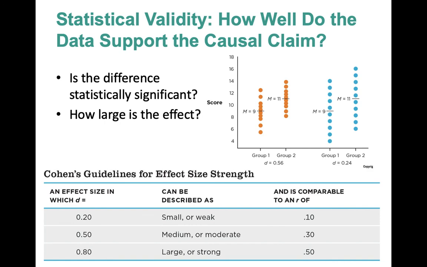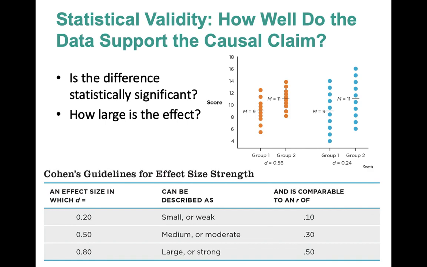In experiments, researchers use a standardized measure of effect size called Cohen's d, named after the person that came up with the statistic. And the idea here is that if there's a small d, that means a weak effect. So there's not a big difference between the groups, and we often think of that as an overlap between the groups.